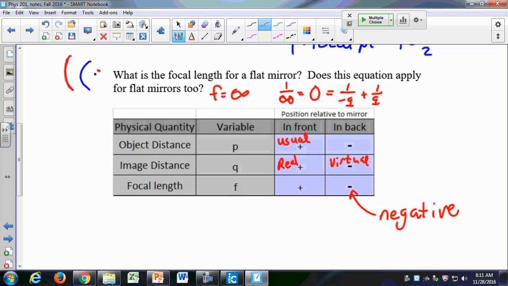And then concave mirrors, which cave in, have a positive focal length because my center of curvature is here. My focal point then is right here. It's on the front side of the mirror, and so this has a positive focal length. I'm sorry, I wrote, yeah, this should be convex, and this should be concave.